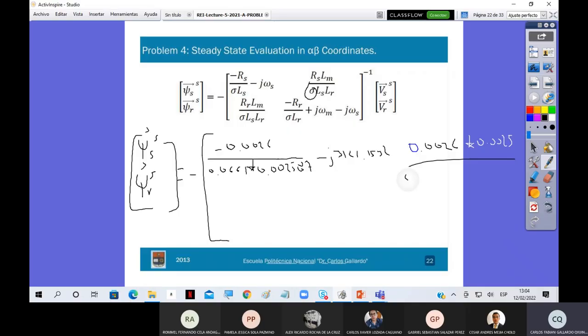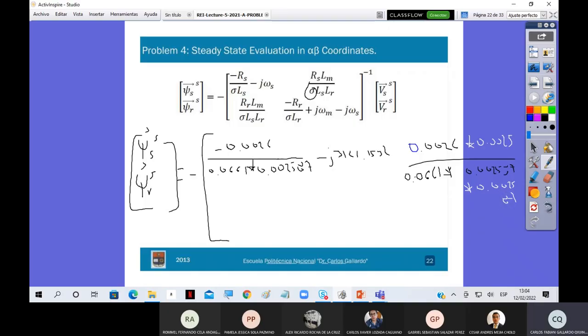We have already computed this value, 0.0661, times the stator inductance 0.002587, times the rotor inductance 0.002587.